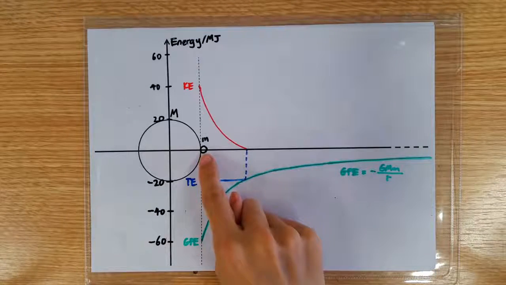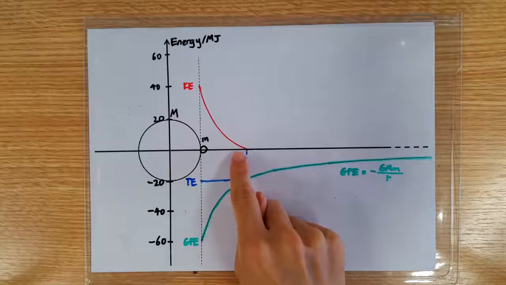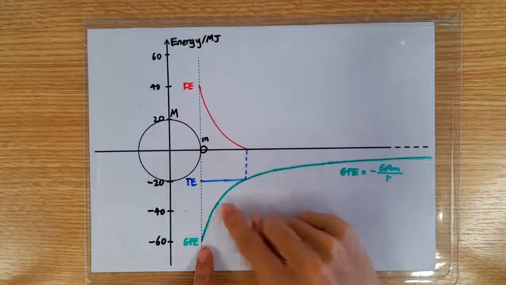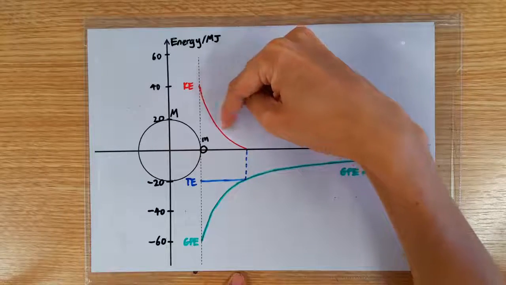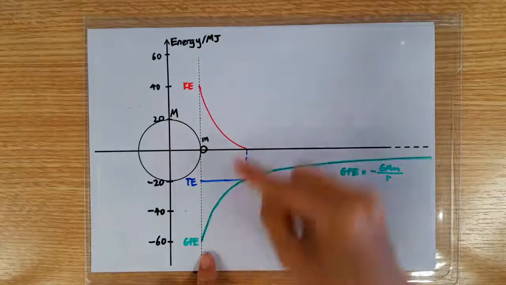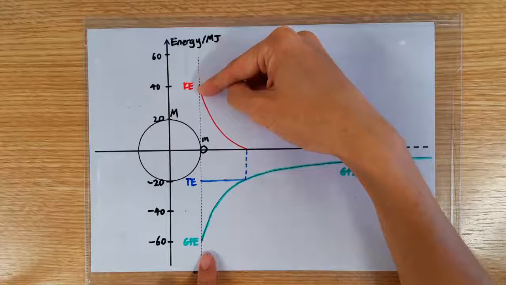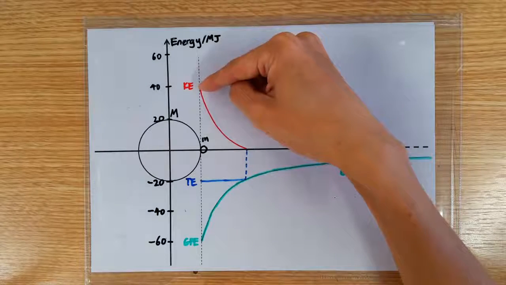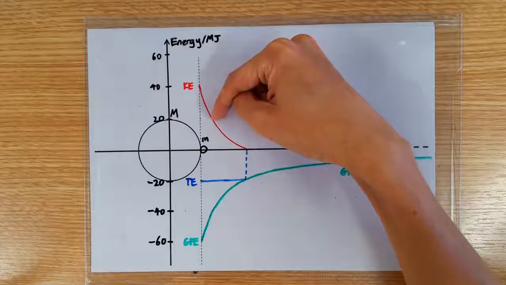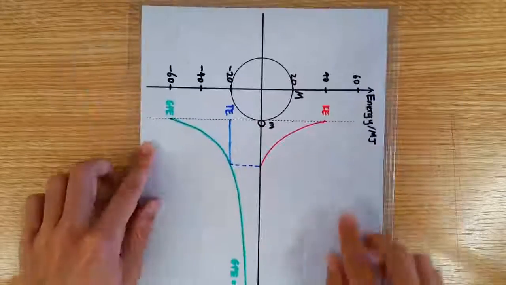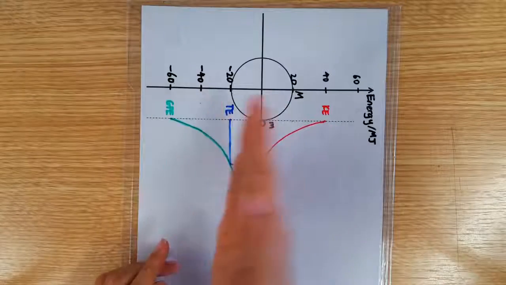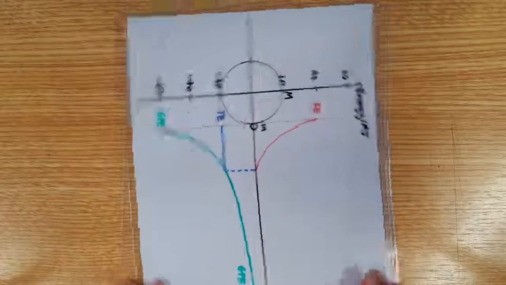So as the stone moves away from the Earth, it must be gaining GPE, and therefore the KE must be dropping, because the gain in GPE comes at the expense of the loss in KE. So the KE graph is going to drop at the rate at which the GPE graph is rising. So these two graphs are mirror images of each other.